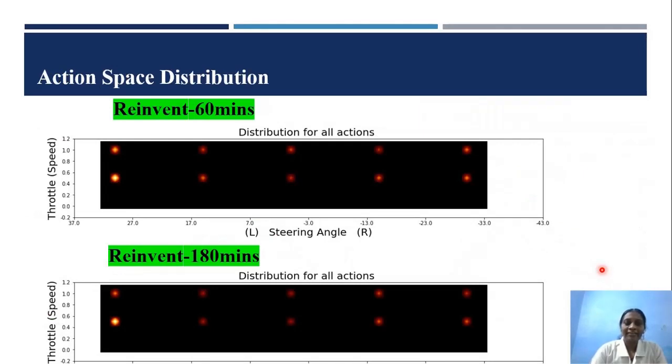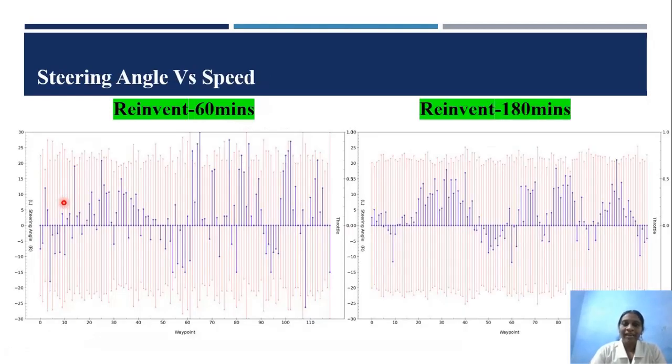And we can identify the action space distribution for the 60 minutes as well as the 180 minutes. Obviously, both models have the same kind of repetitive actions over here. And see the steering angle versus speed. Just compare the steering angle versus speed graph for the reInvent 60 minutes and reInvent 180 minutes.